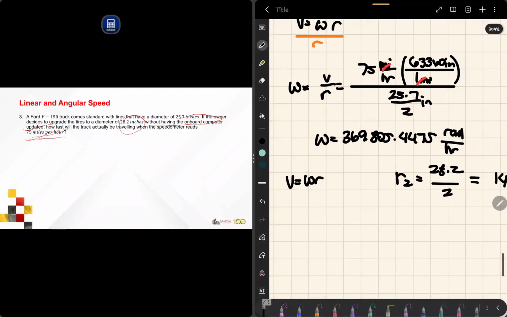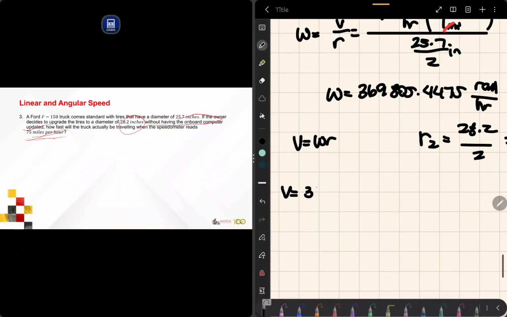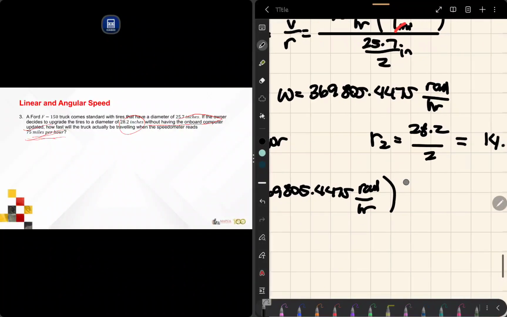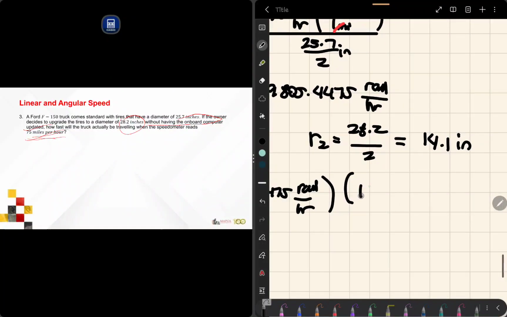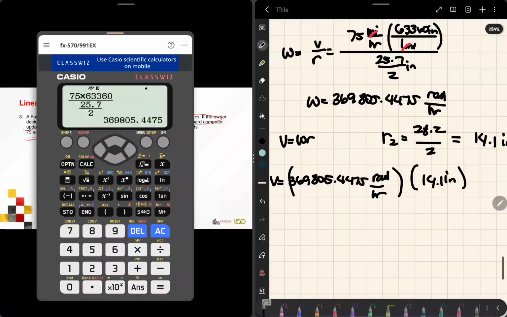So V is equal to omega, which is 369,805.4475 radians per hour, multiplied by our radius of 14.1 inches. Solving for this, we get our answer.